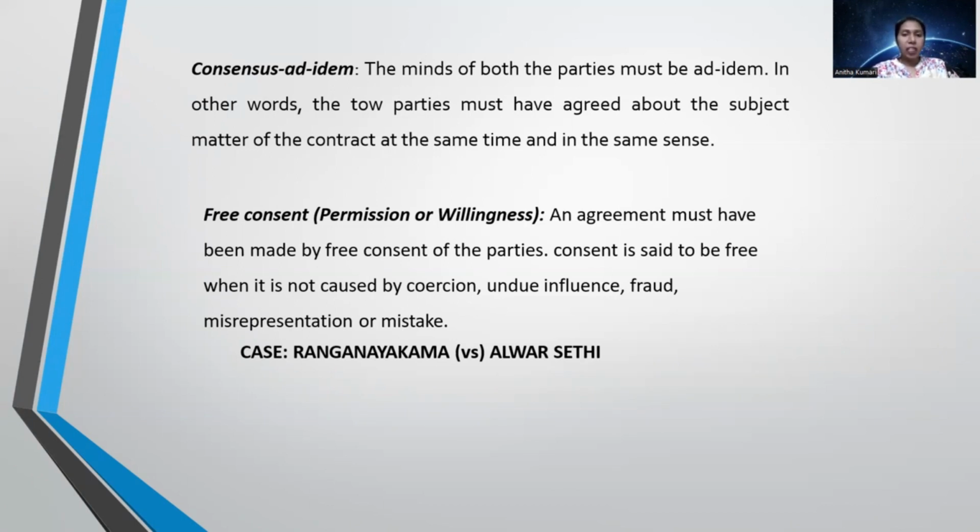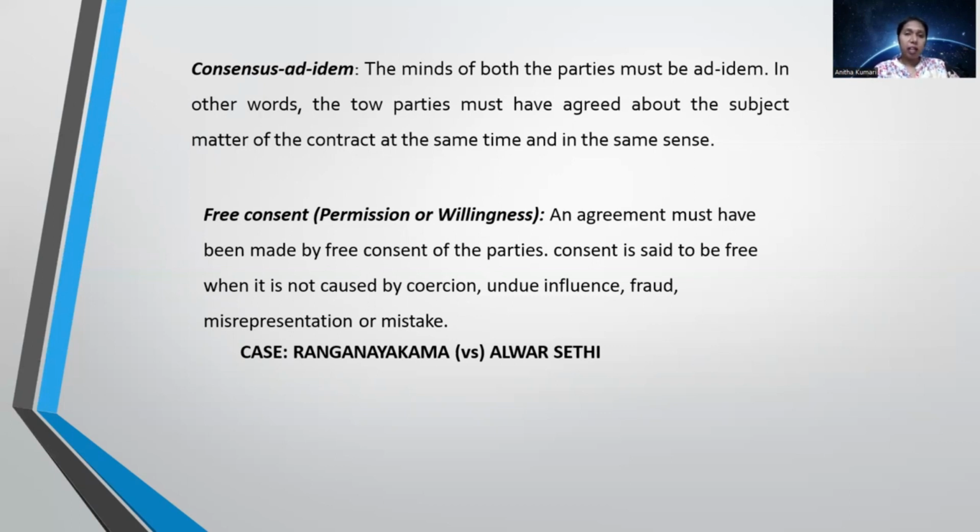Unexpectedly he died, and obviously, as per the law, the husband's property will be given to the wife. To avoid such a situation, the relatives forced Alwar Setti to adopt the child.